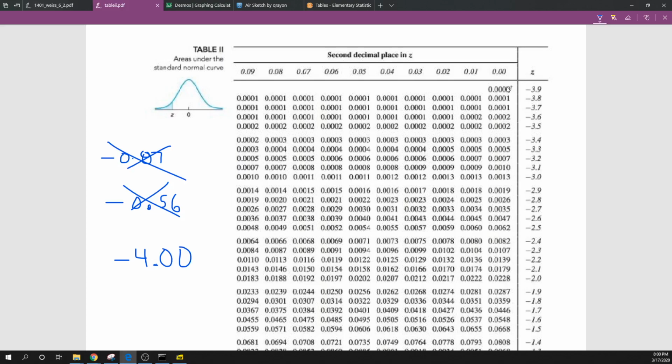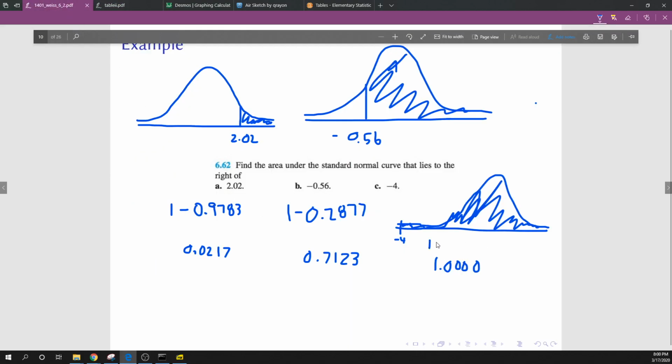You can see -3.9 is, so the area to the left of -4 is practically 0. That means when I subtract that from 1, I'm going to get really 1 for the answer. It's not really 1, it's going to be like 0.9999, and when you round it to 4 decimal places, it will wind up to be 1. All right, so that's it for this video.